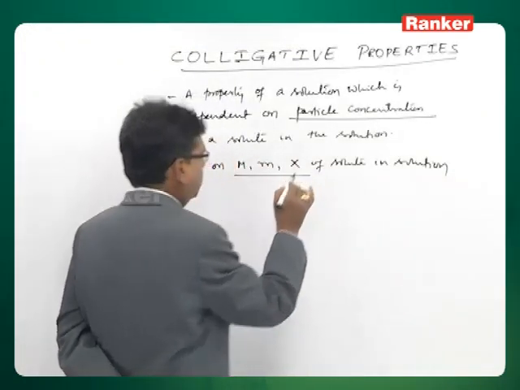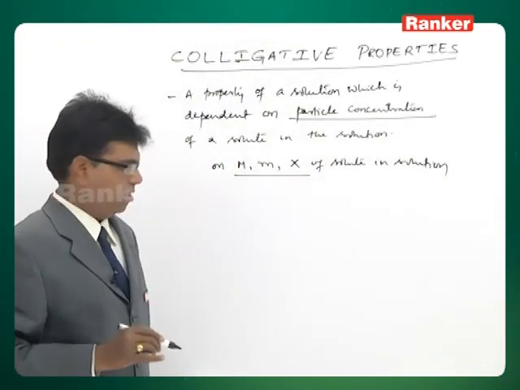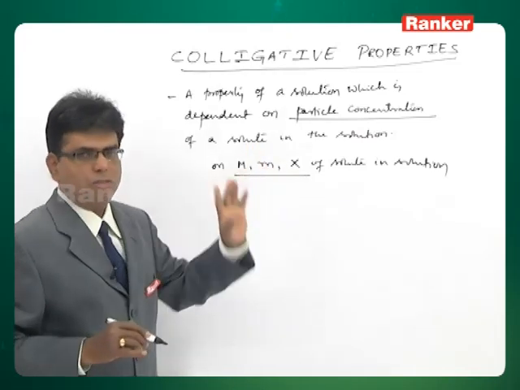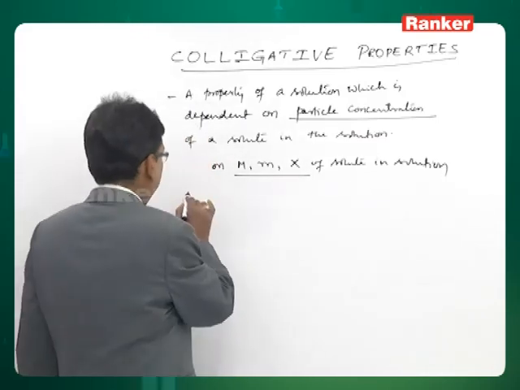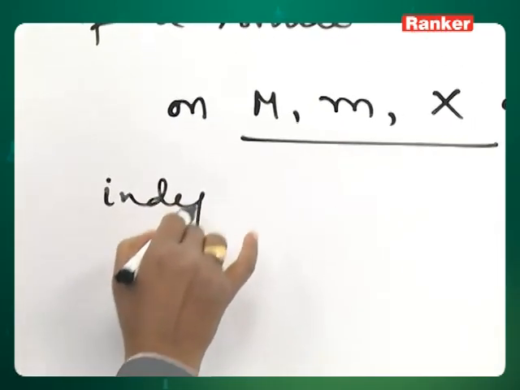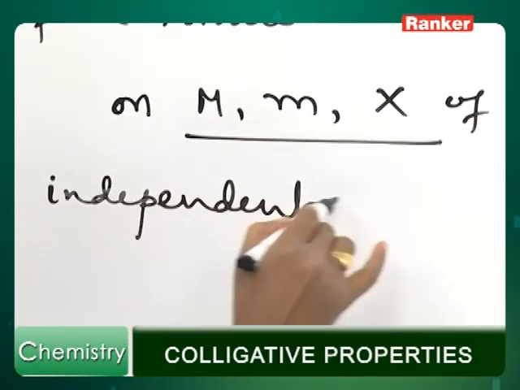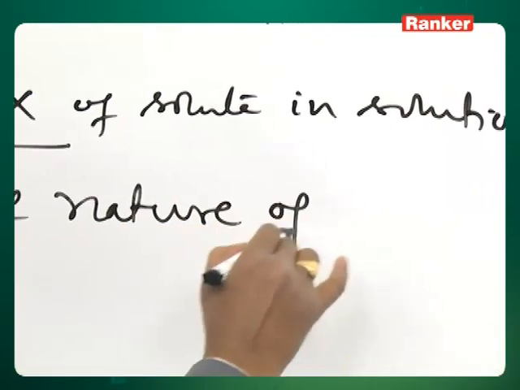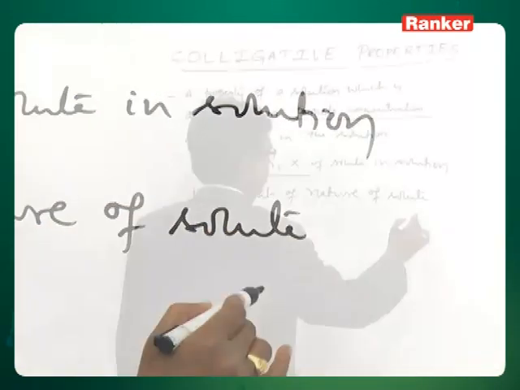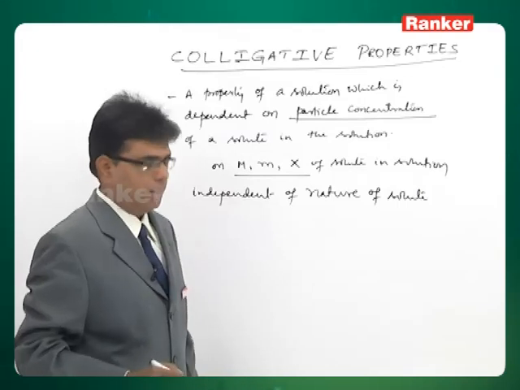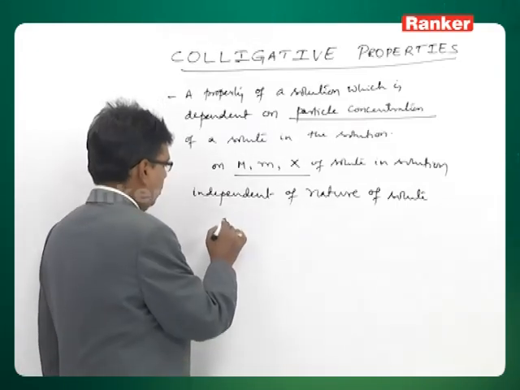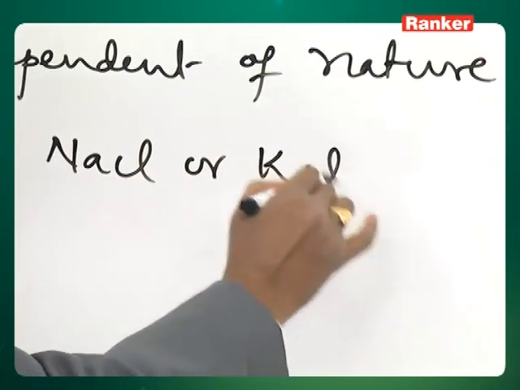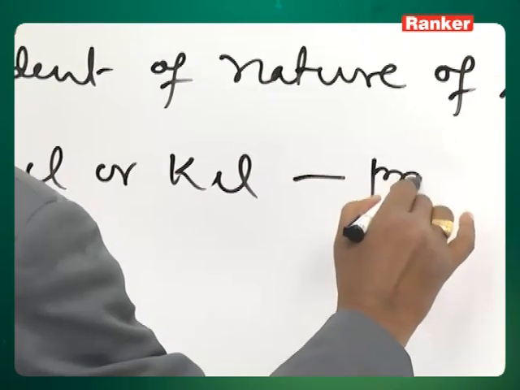The different concentration terms we already discussed. So, it depends on the particle concentration of the solute, but it is independent of the nature of solute. Meaning is, whether the solute is NaCl or KCl, the property is the same.